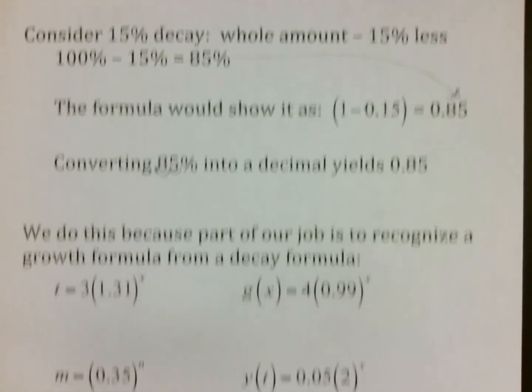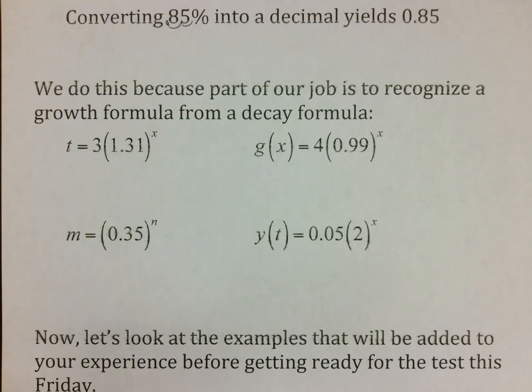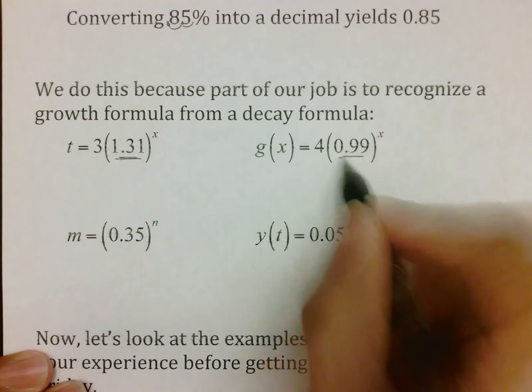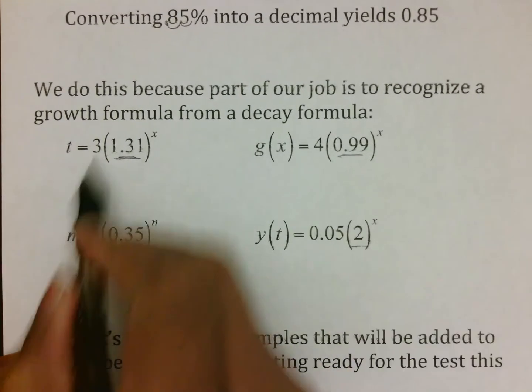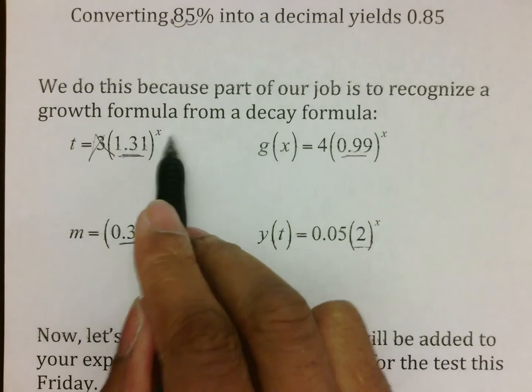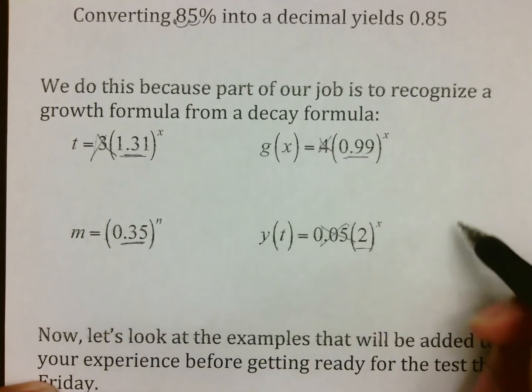We just did that because part of our job is also to recognize a growth or decay formula. So if you were asked if it's exponential growth or decay, all you have to do is look at the number that is going to the power. This number means nothing to us in terms of whether it's growth or decay, because this is a number that's going to the power. That number means nothing to us.